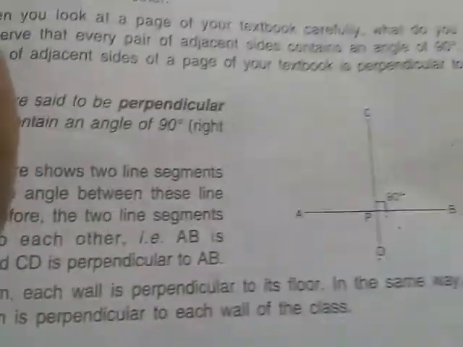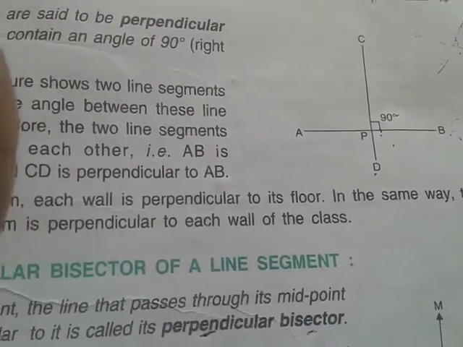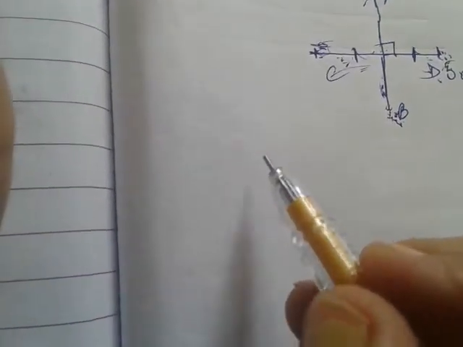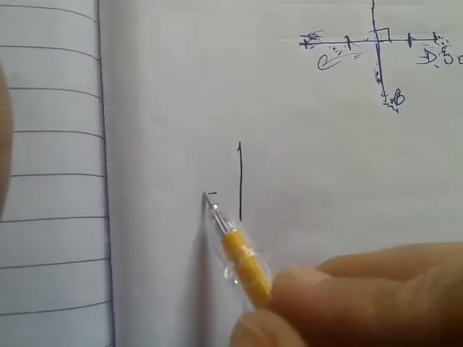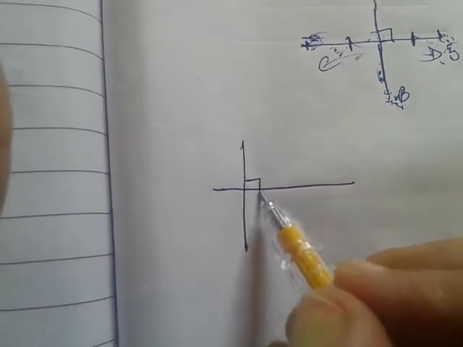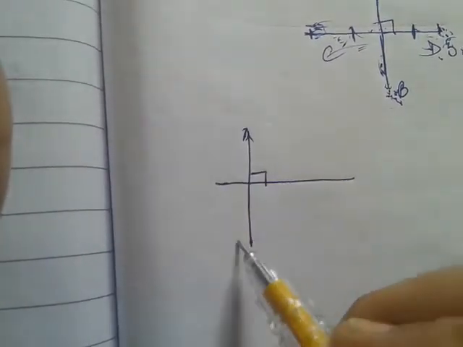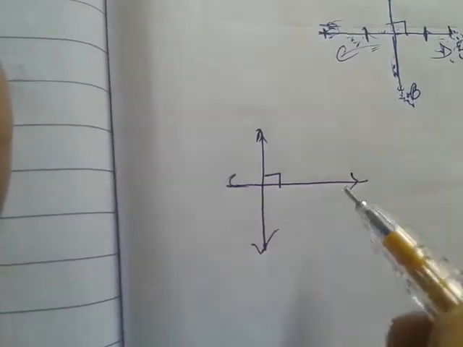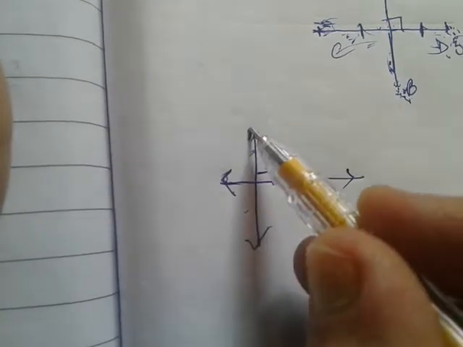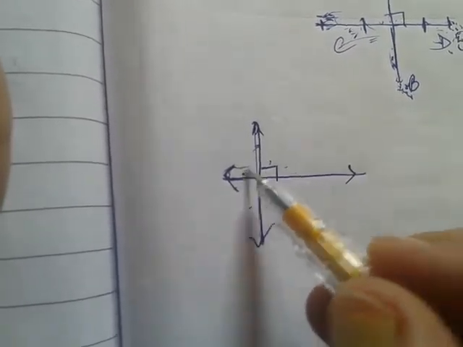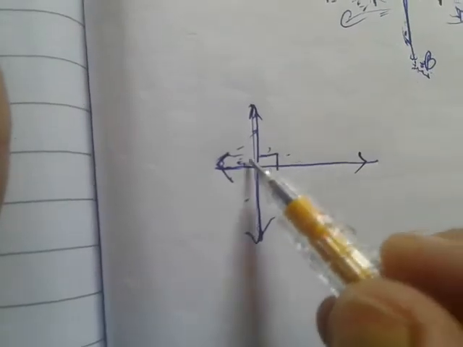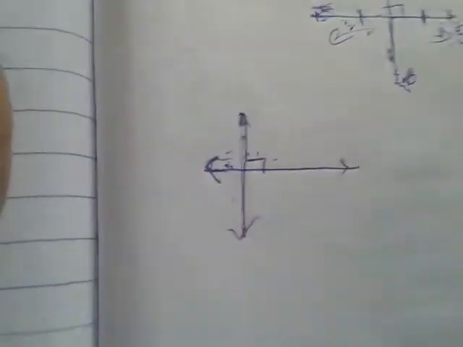But here if you can see, we have a difference between a perpendicular bisector and a normal perpendicular. See, these two are perpendicular lines. This is not dividing these two into equal parts. So these are perpendicular lines.